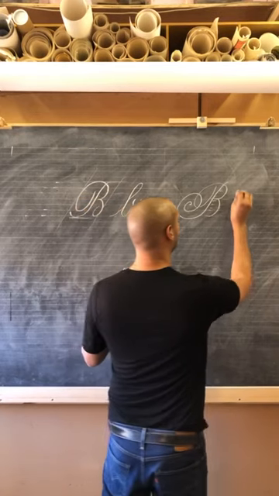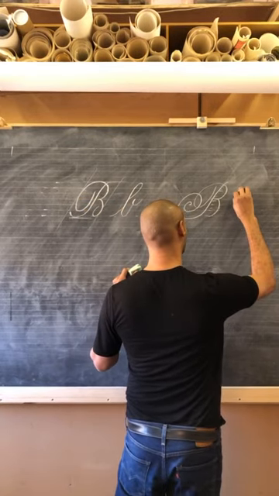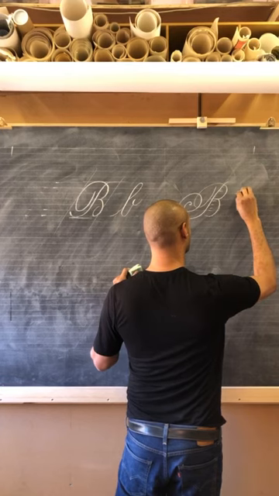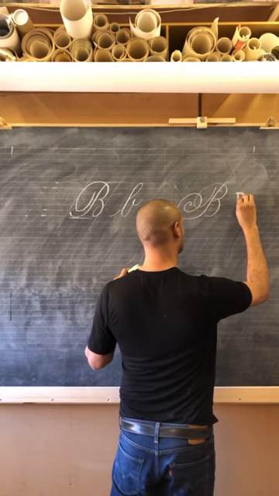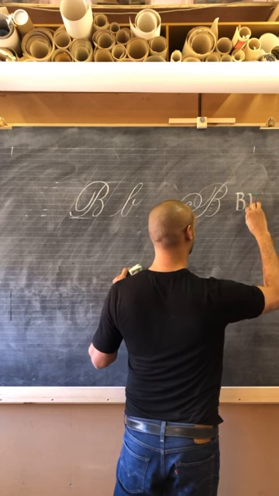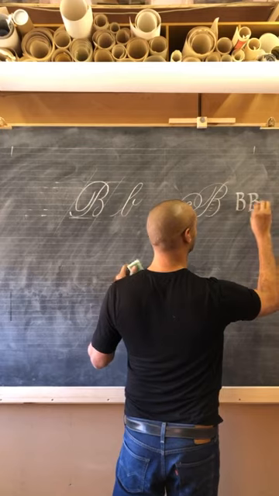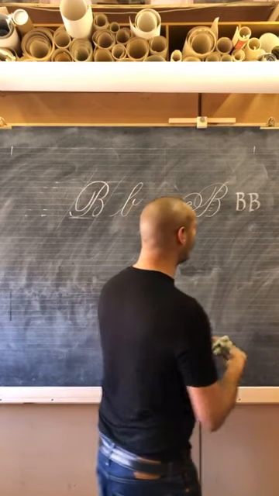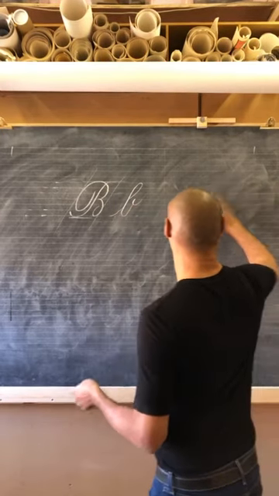So remember, historically, the letter B was a little bit high, sorry about that. So it's like that, and that. So the top bowl is always smaller than the bottom bowl.